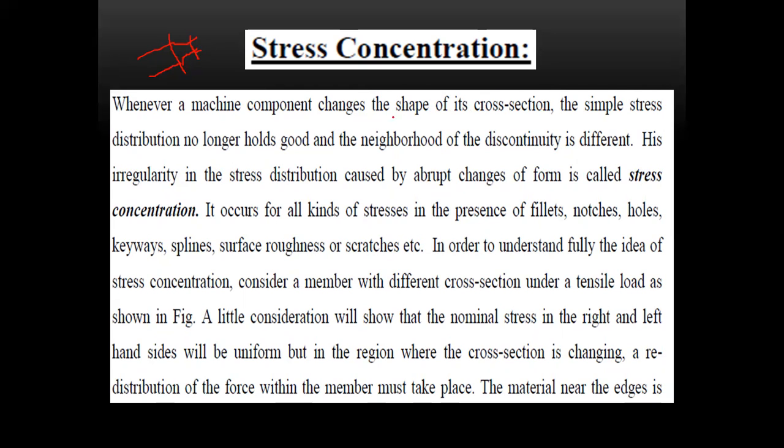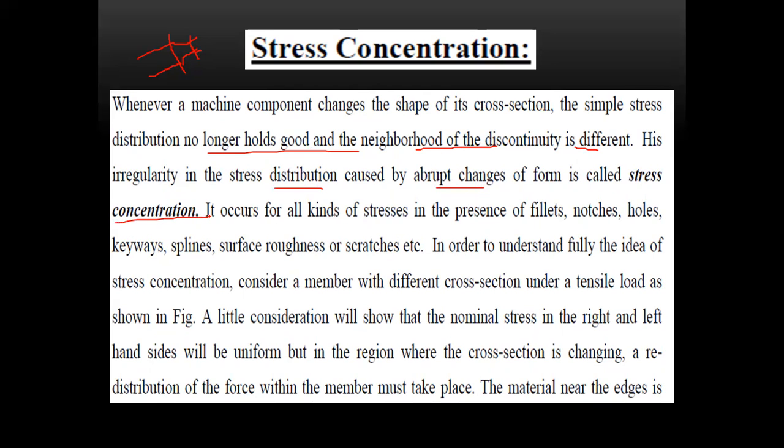The simple stress distribution no longer holds good, and the neighborhood of the discontinuity is totally different. This irregularity in the stress distribution caused by the abrupt change of form is called stress concentration.